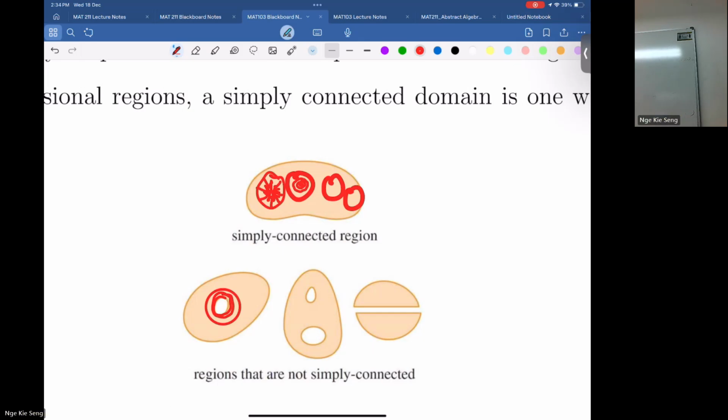Why not? 两个洞。So which simple closed curve can you not shrink to one point? You need to find where's the simple closed curve that you cannot shrink to one point. 哪个洞？两个洞的圈，还有一个洞也不能 shrink。Yes, good, very good.